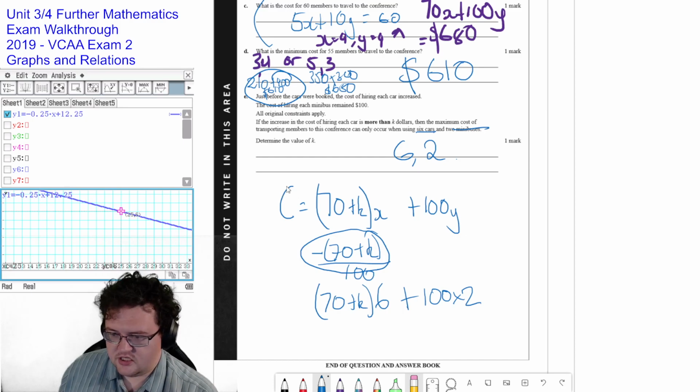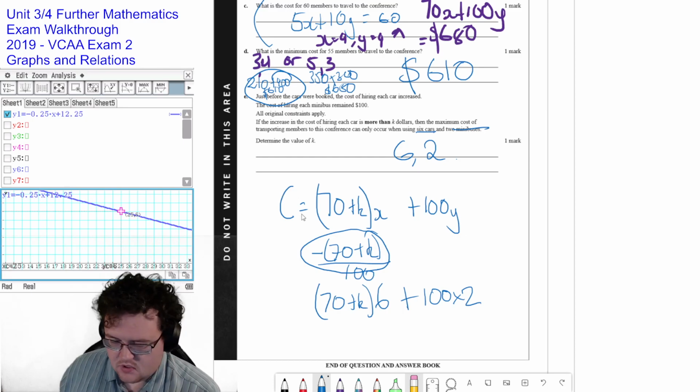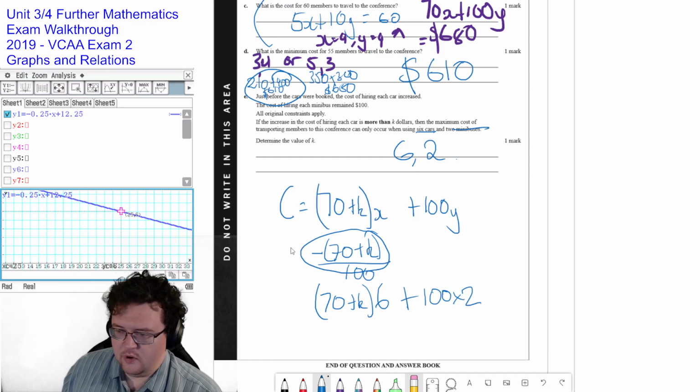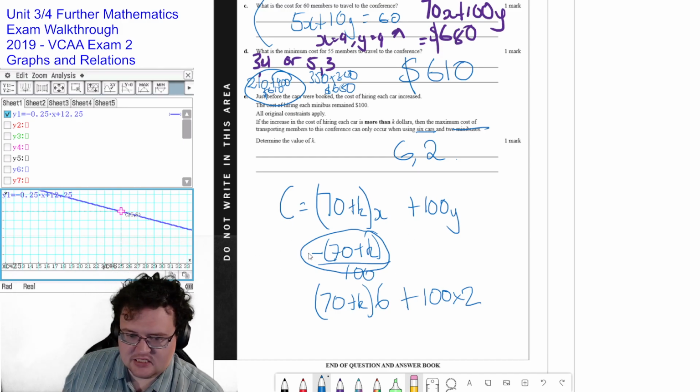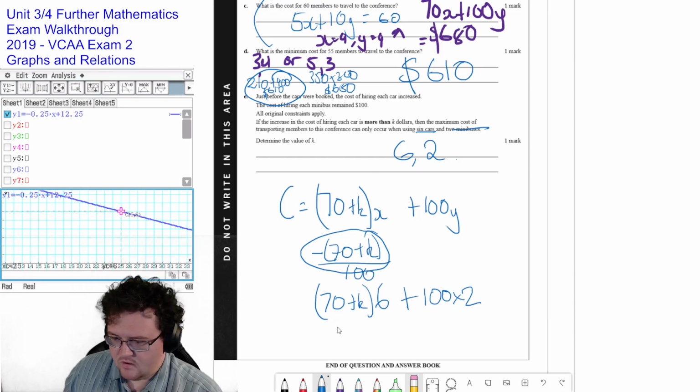So the cost at this point is actually kind of irrelevant, because all we know is that it's going to be at a maximum. I could break out the math methods calculus, but you guys don't have that. For it to be a maximum, we need to have this less than -1.